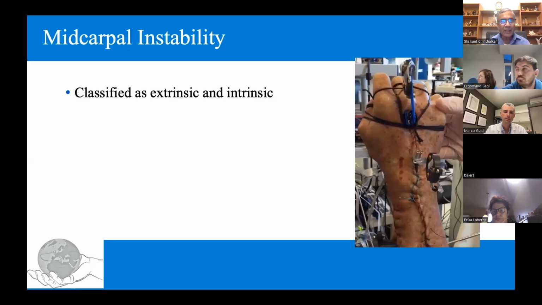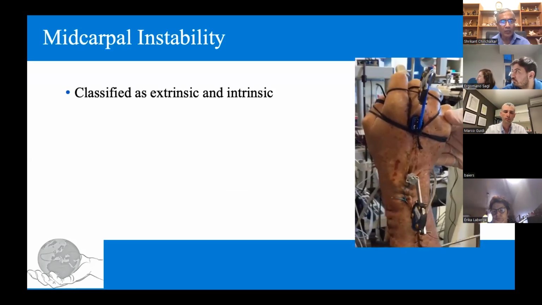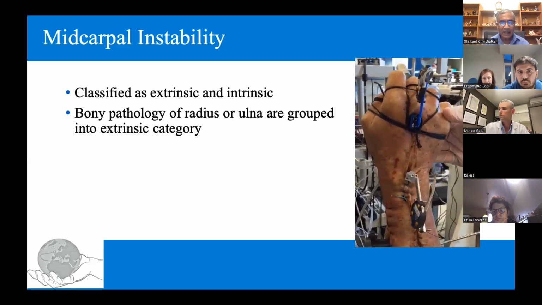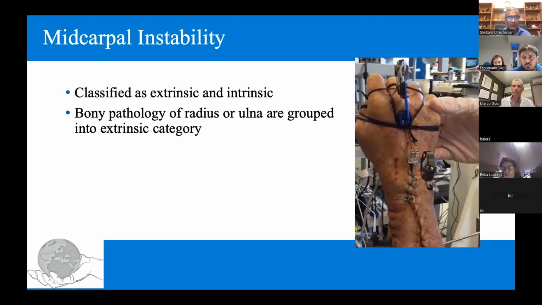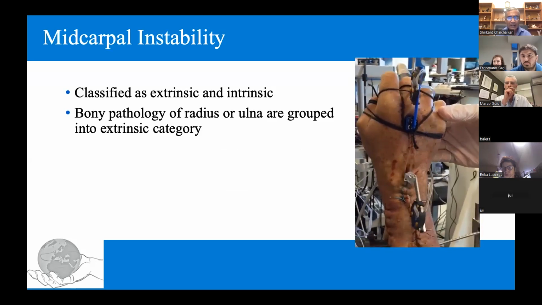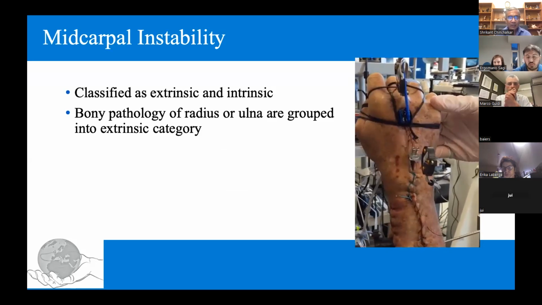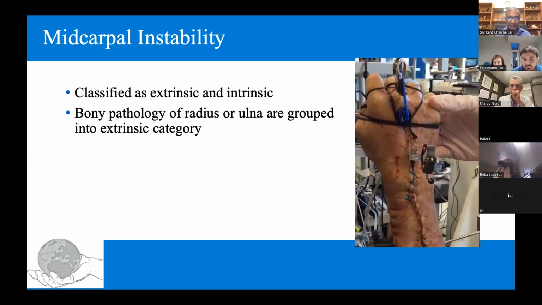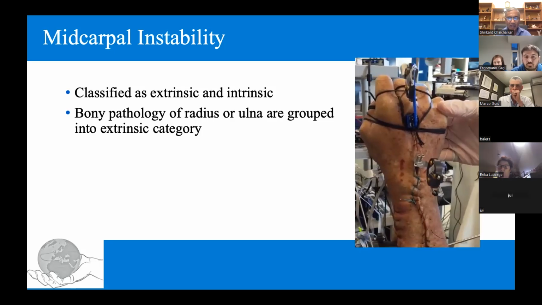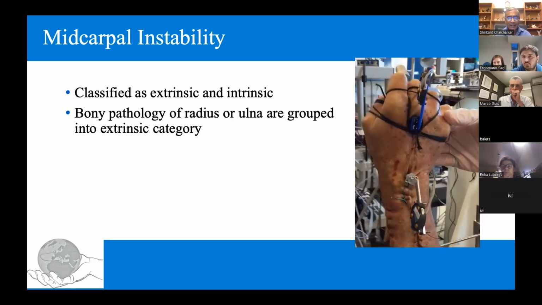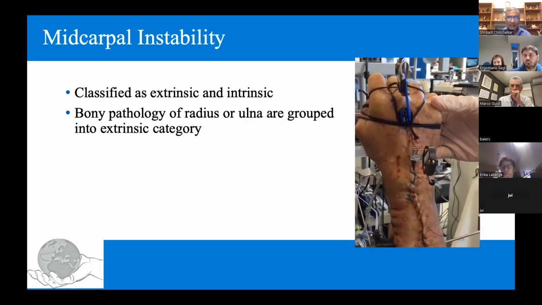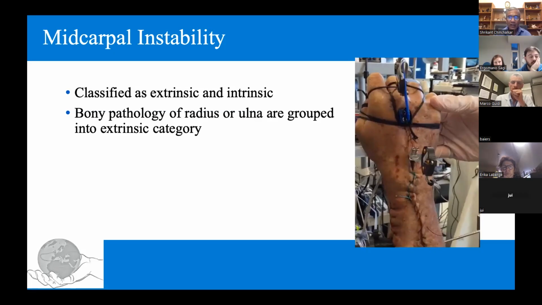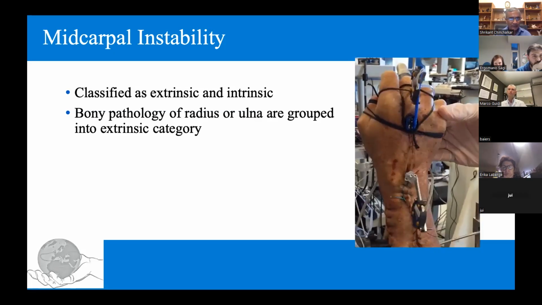Looking at midcarpal instability, we know that it could be classified as extrinsic or intrinsic. Any bony pathology involving the radius or ulna, with instability produced distally, could be grouped in the extrinsic category. As you can see in this cadaver dissection in our biomechanics lab, you're looking at how the carpus changes its orientation when you move the wrist from radial deviation to ulnar deviation and vice versa.